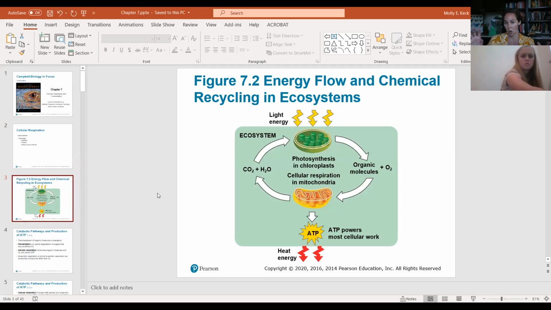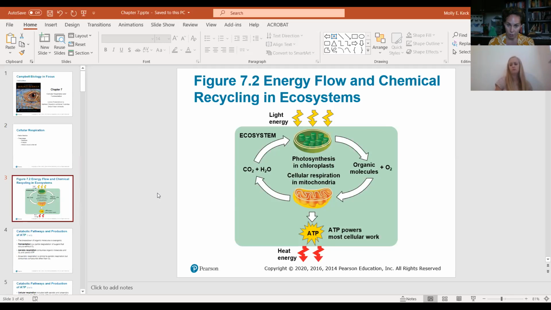The general flow of energy in the universe is that all energy starts with light energy, and it's taken into plants through the process of photosynthesis, which is chapter 8. During photosynthesis, organic molecules like sugars and starches are made. We consume those things. And also, we know that plants give off oxygen, right?